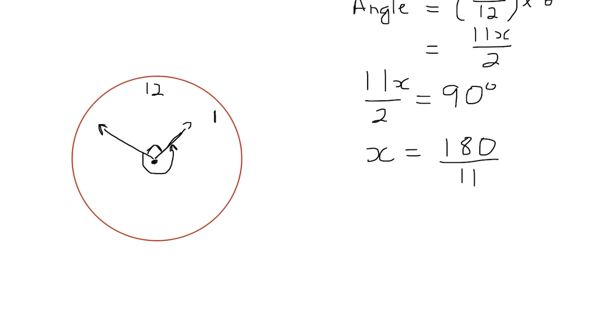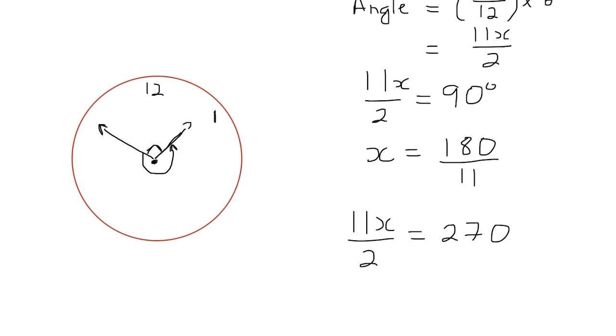Okay, so we take our expression again for the angle given the minutes that the minute hand has moved. So we'll take our 11x over 2, which is the expression of the angle between the minute hand and the hour hand if the minute hand has moved x minutes, and this must be equal to 270.